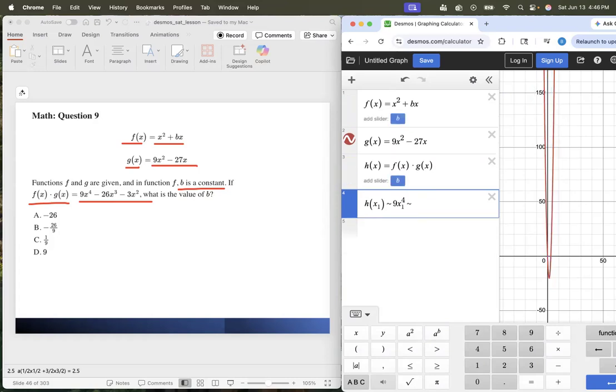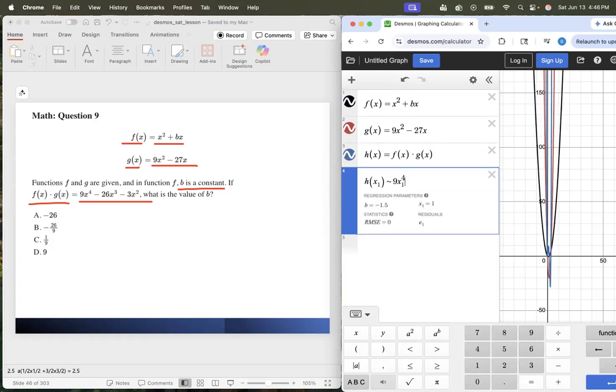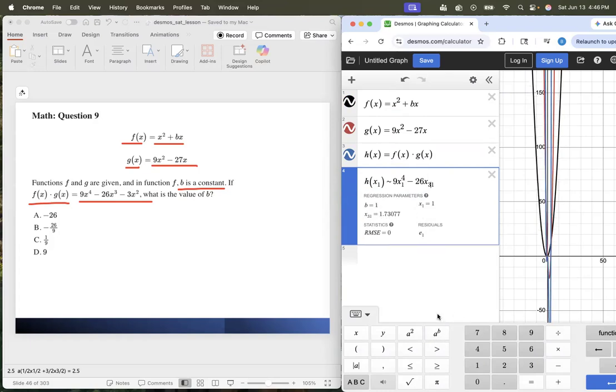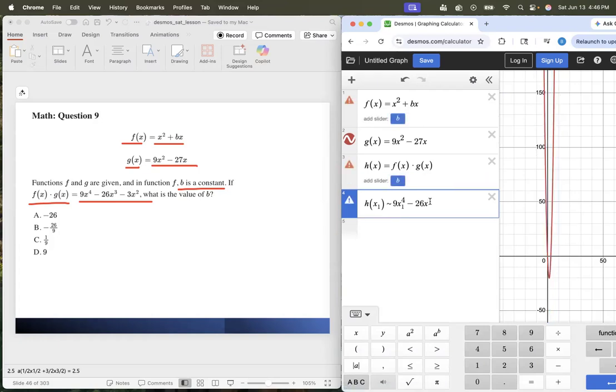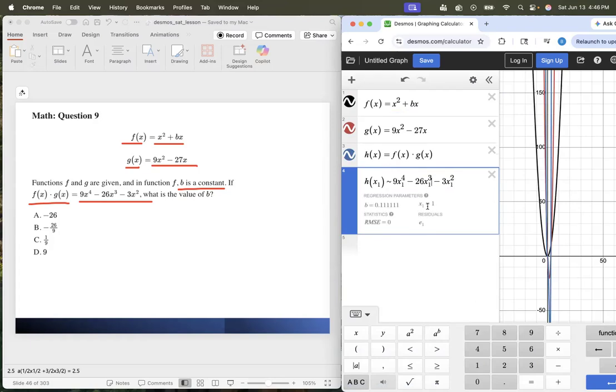And then I have, what is the minus 26 x square raised to 3, minus x square, and make this x1 s1.